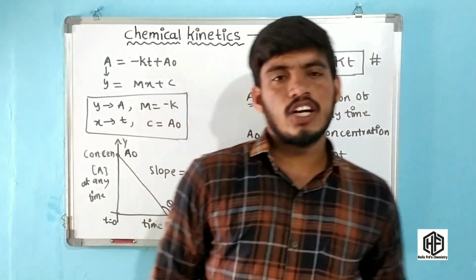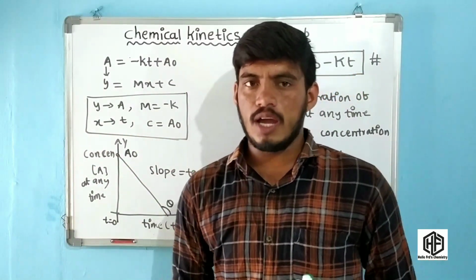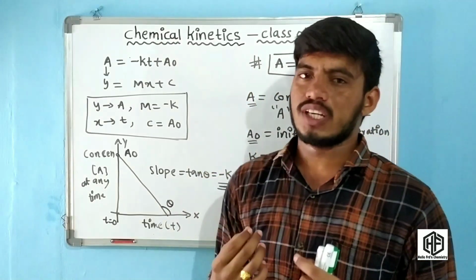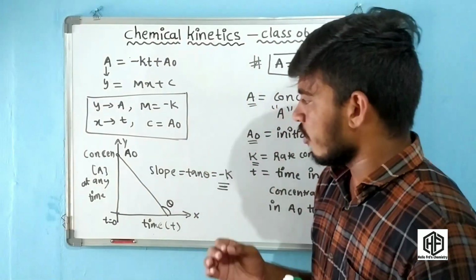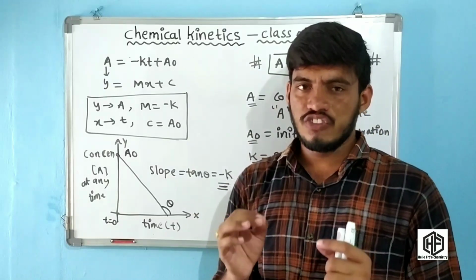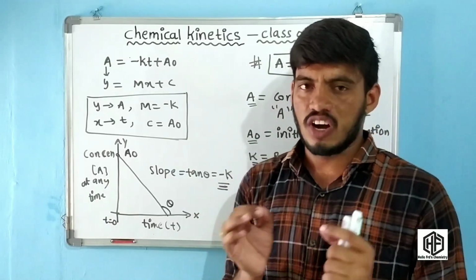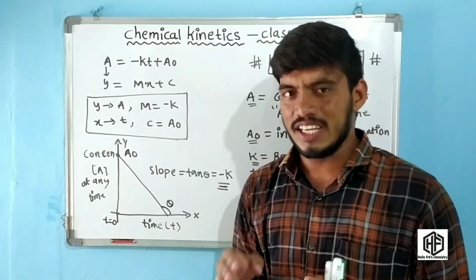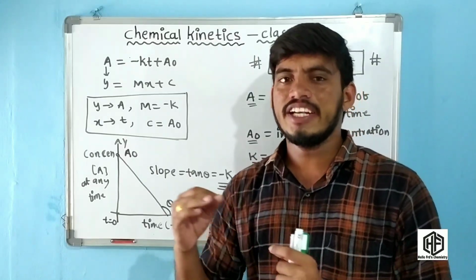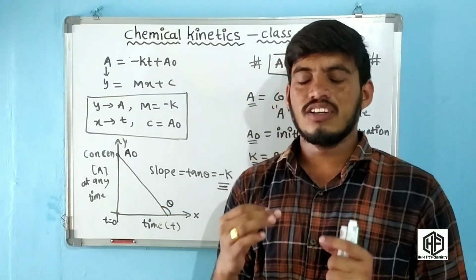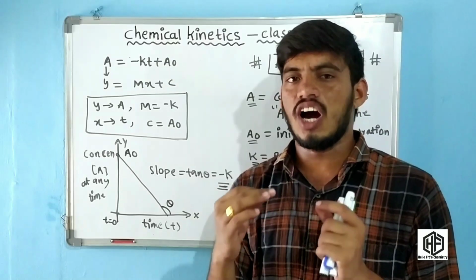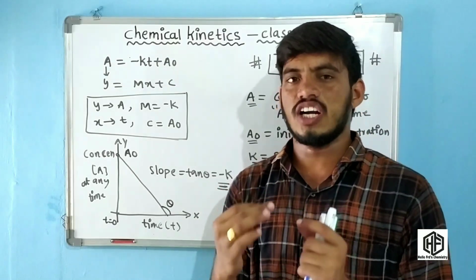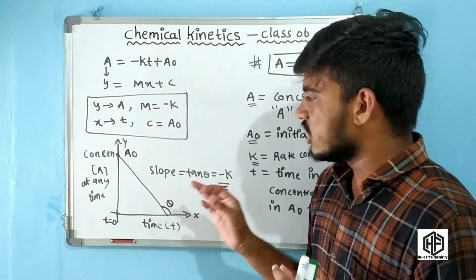Friends, in many competitive exams, one more important question is asked. For those reactions where concentration versus time is a straight line with a negative slope, which order is the reaction? The order of the reaction is zero order.